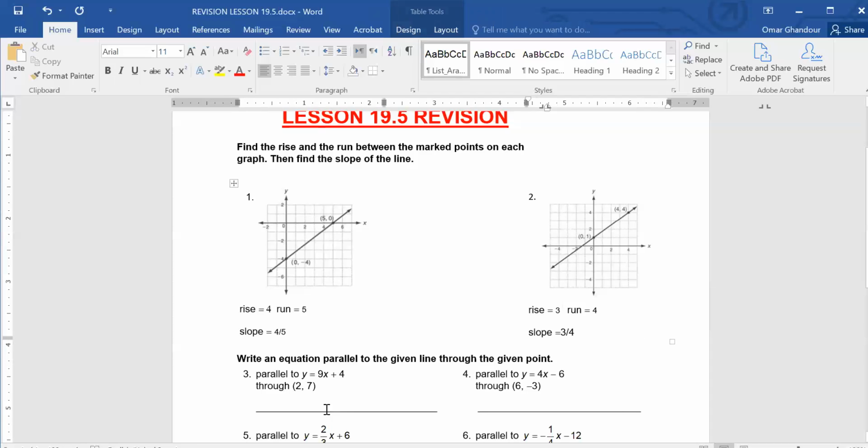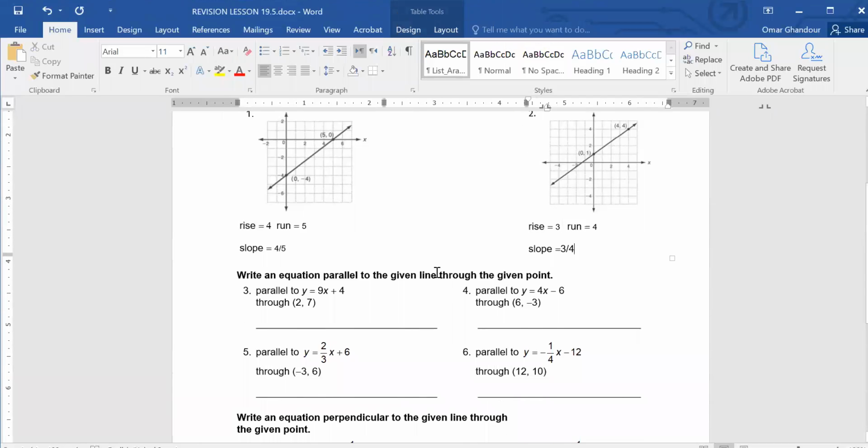Okay. Question 3. Write an equation parallel to the given line through the given point. I told you to write here, girls, take care, very important thing. The equation can be anything. The equation can be slope-intercept form, which is y equals mx plus b, or it can be the point-slope form, which is y minus y1 equals m times x minus x1.